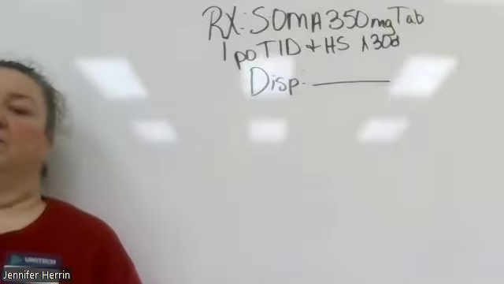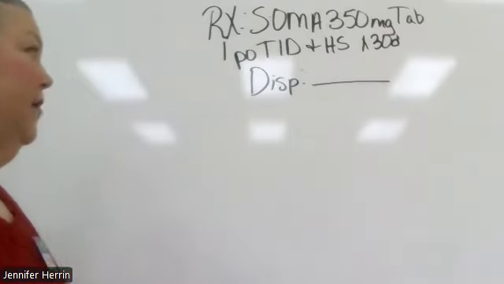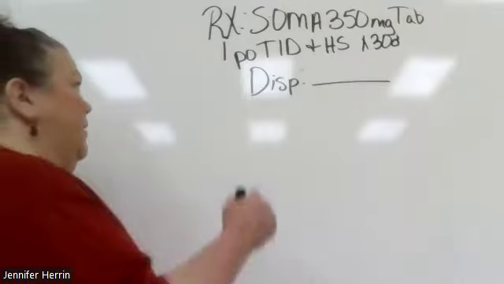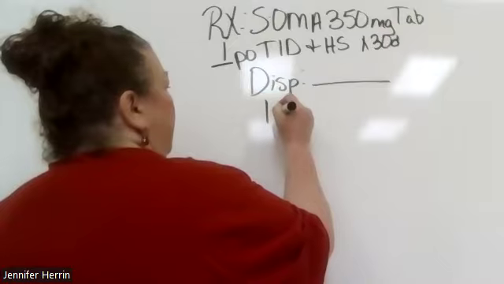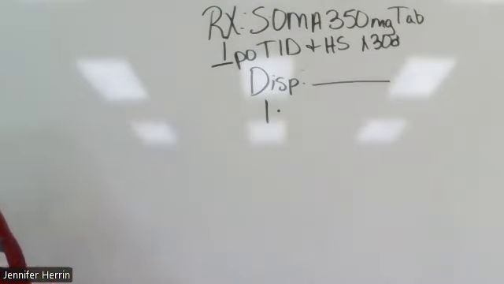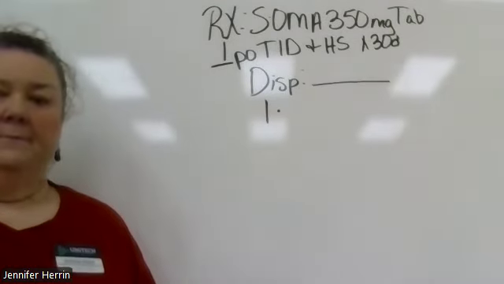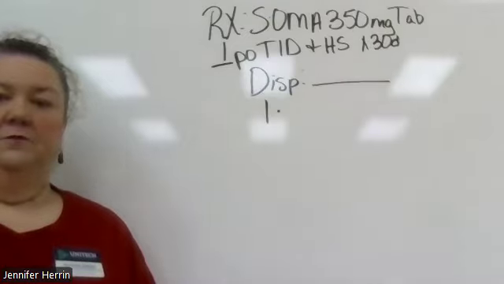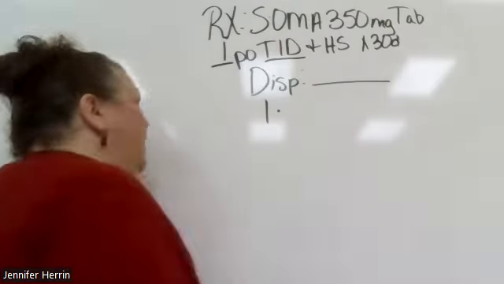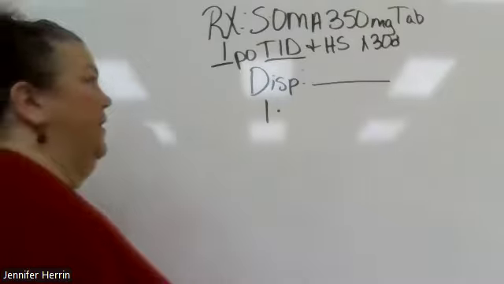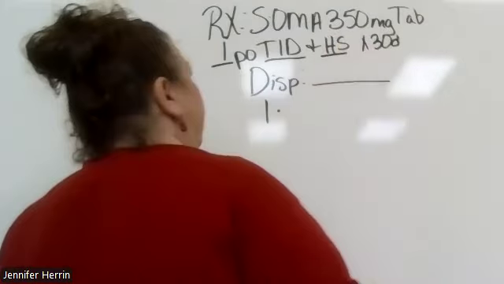So what is my dose? The amount of medication to be taken at one single time. 1. What is my frequency? You may be inclined to look at this and think 3, but do not forget and HS.